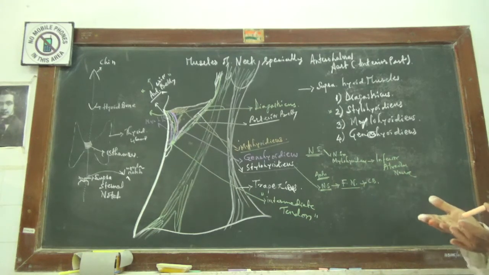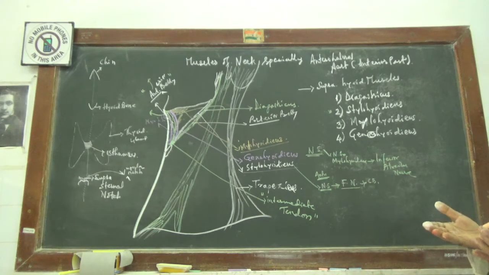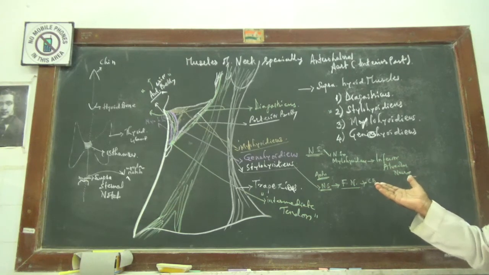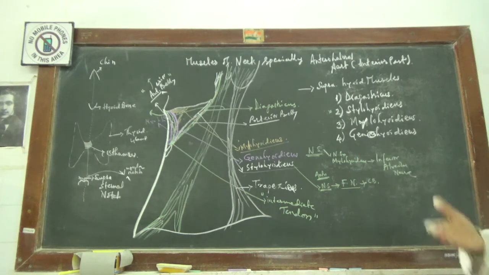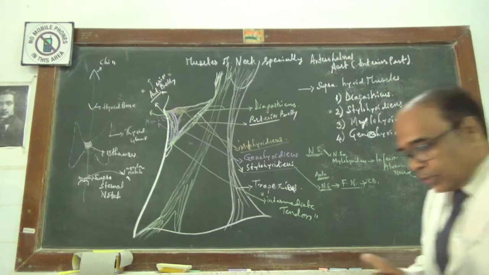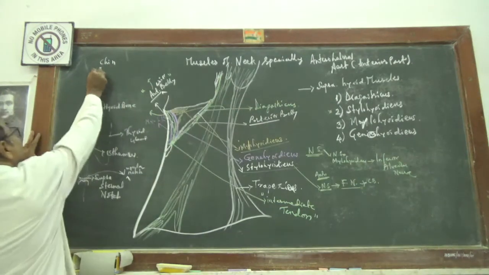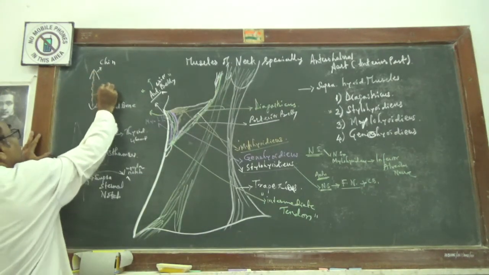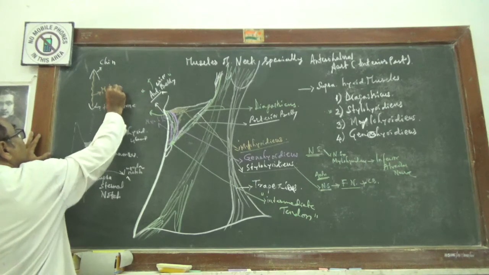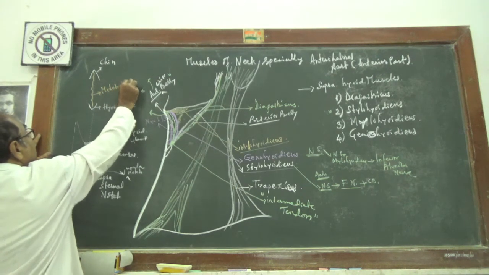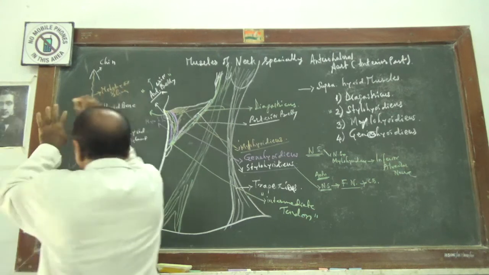From there it runs on either side and forms a raphe, that is the mylohyoid raphe.